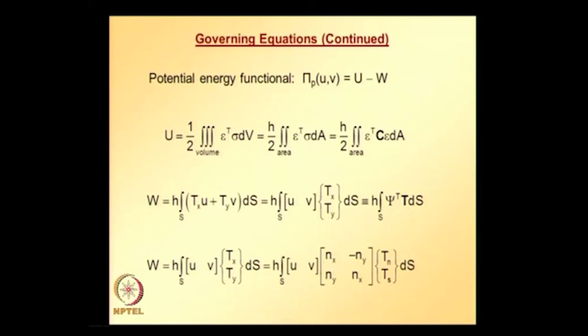So, this is how we can calculate U and W. Once we get U and W, we can plug into Pi is equal to U minus W, and apply the condition that variation of Pi is equal to 0 to get the final element equations. So, now let us start by taking a triangular element, a 3 node linear triangular element, and derive the element equations for that particular element.